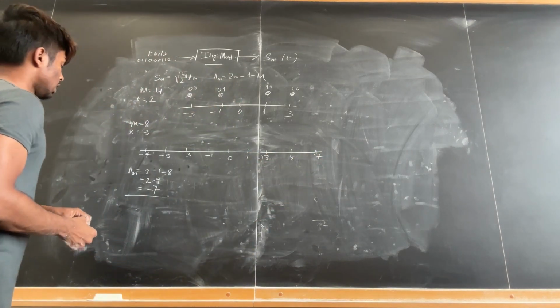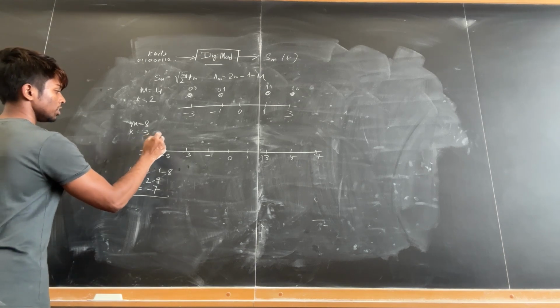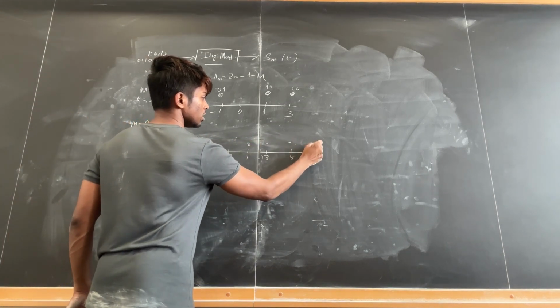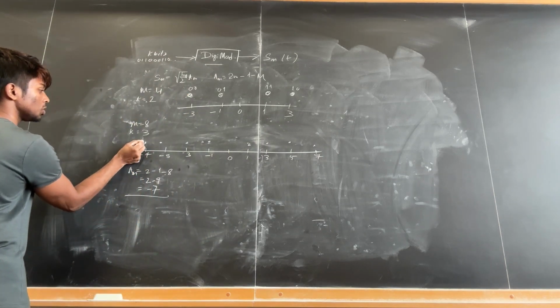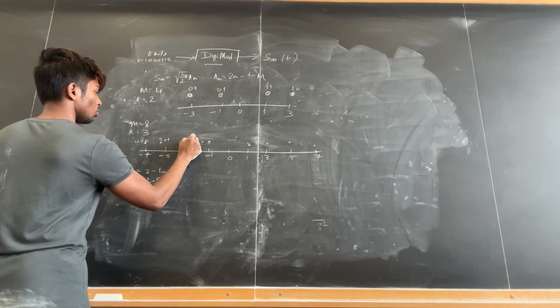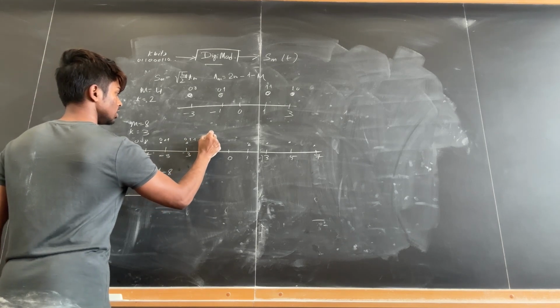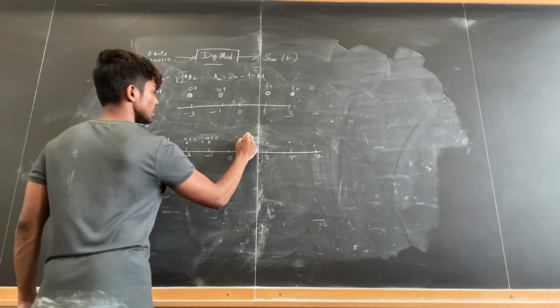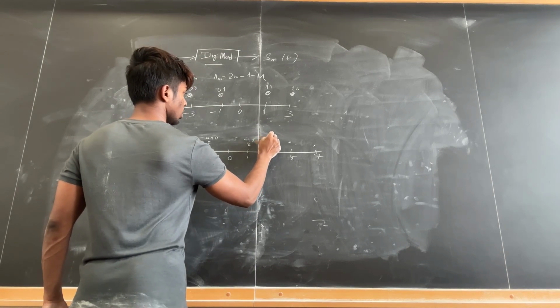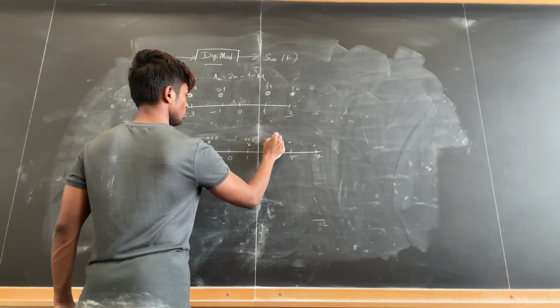Yeah, in that case we will have here, here, here, here, here, here, here, here. So it should be 0, 0, 0, 0, 0, 1, 0, 1, 1, 0, 1, 0, 1, 1, 0, 1, 1, 1.